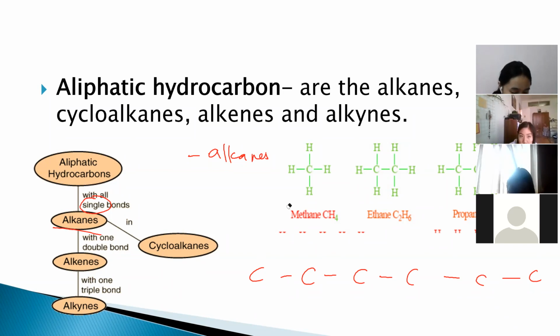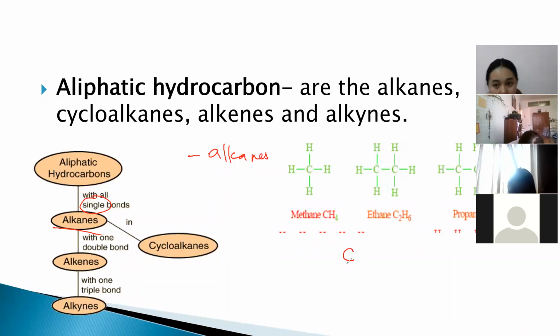But if you have a structure of carbon na single bond pa rin, pero it forms a ring. Again, magfo-form na siya ng ring. Just like this one. Let me draw it sa screen. You have carbon, and then idugtong mo siya with another carbon here, another carbon. And then, nag-form siya ng ring kagaya nito. That is the time we call it cycloalkanes. Okay?